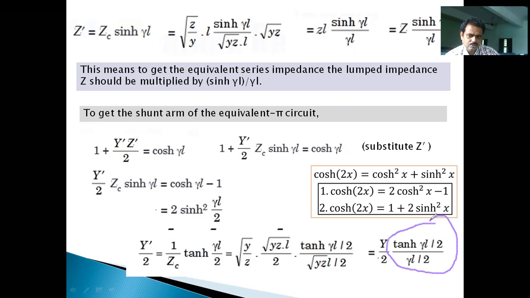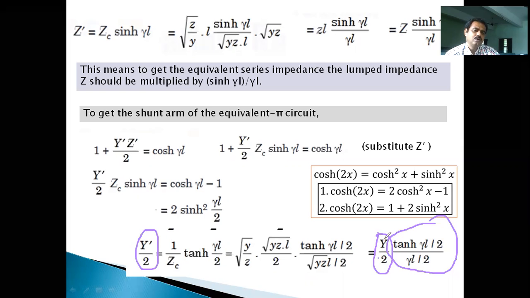So if we observe, this is the final value. If I want to find out the shunt equivalent in the equivalent pi model, this is the lumped parameter. In case of the shunt branch, its admittance value is y by 2.